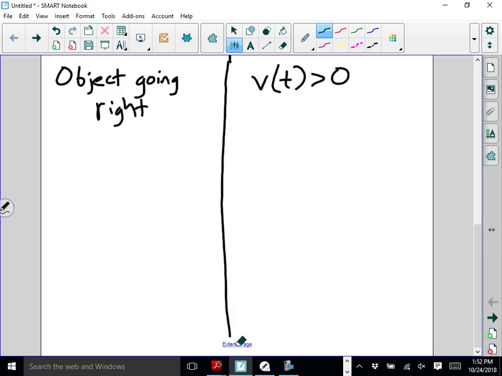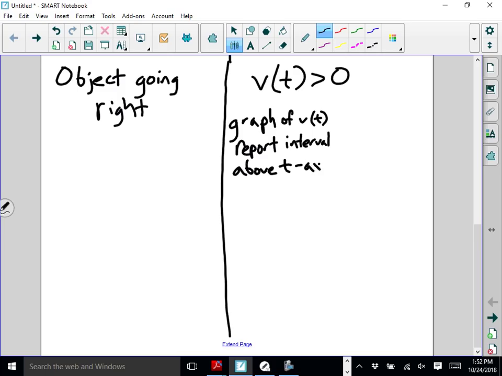So let's say the graph is the graph of v of t. I'm going to report the region, we want to report the interval where we're above the t-axis, or x-axis.